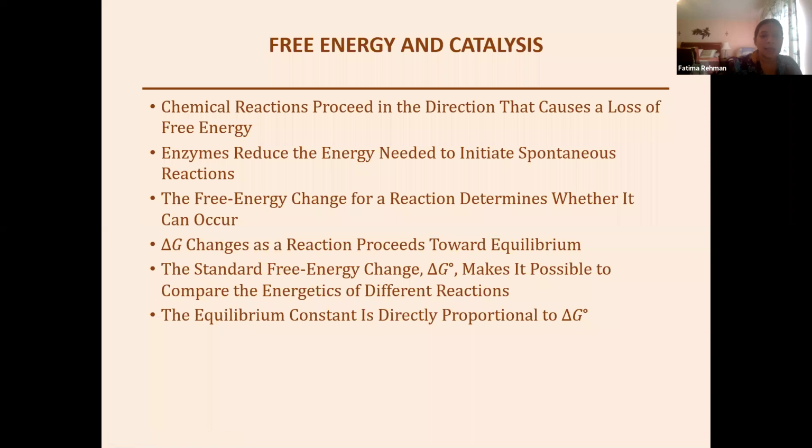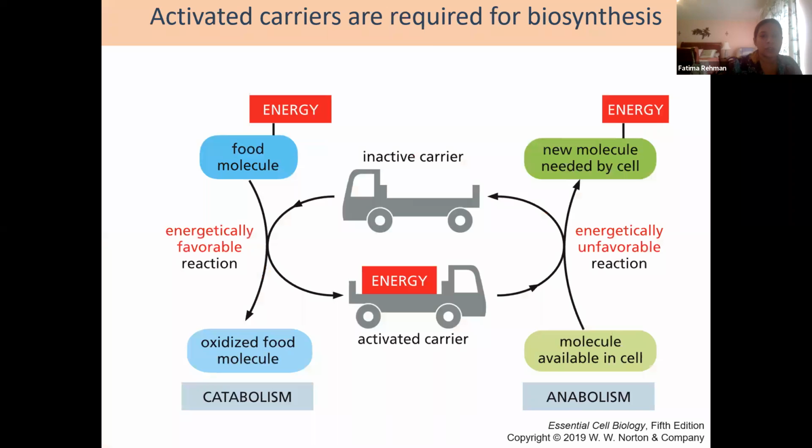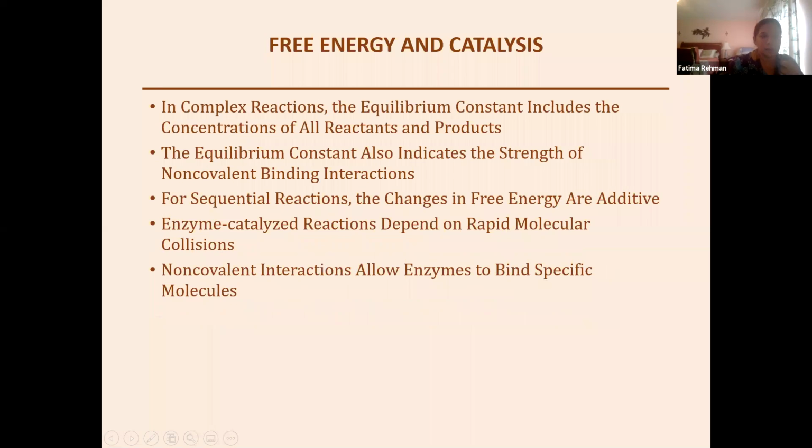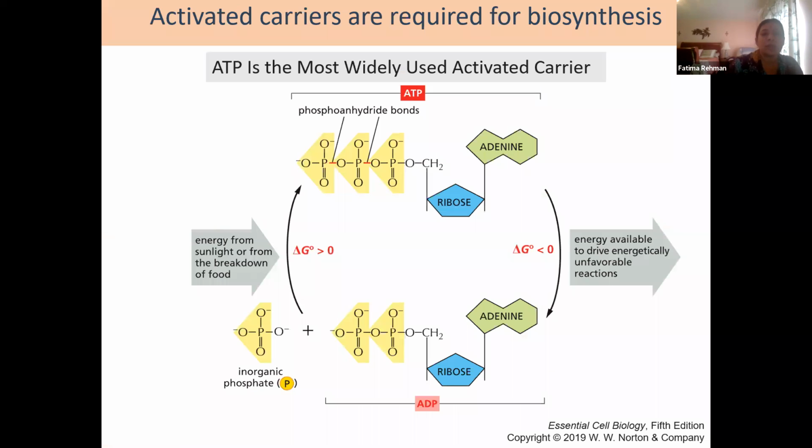However, the standard free energy, which is the delta G naught, the standard free energy change is the opposite of that. So the standard free energy is going to be greater than 0 or positive as you build the bonds, and negative as you release the bonds. So that's looking at the actual reaction side.